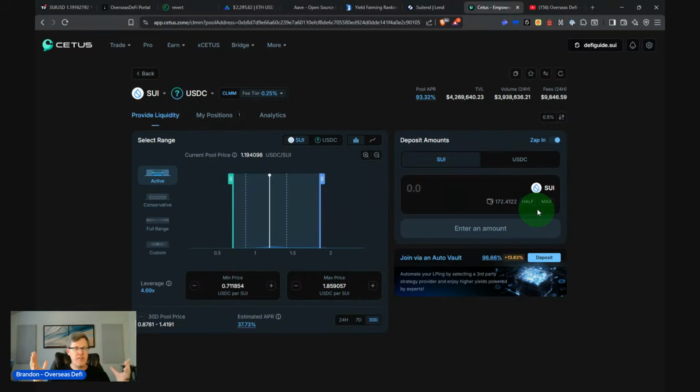Okay, so very convenient. I don't mind sometimes paying a tiny fee just for that convenience, especially if you're just starting out. You can save yourself a couple of extra steps here by just using the zap function. So we're going to use the zap function, and now I just have to select which of the two assets I want to send in and deposit into my position.